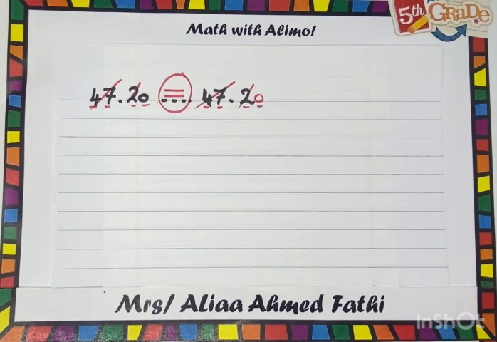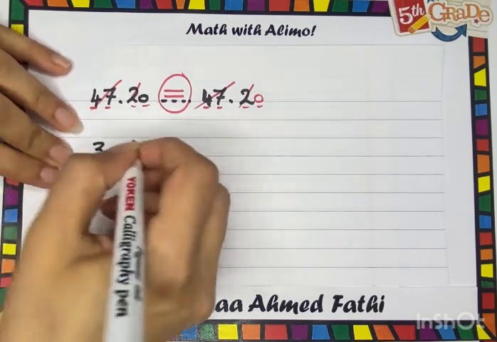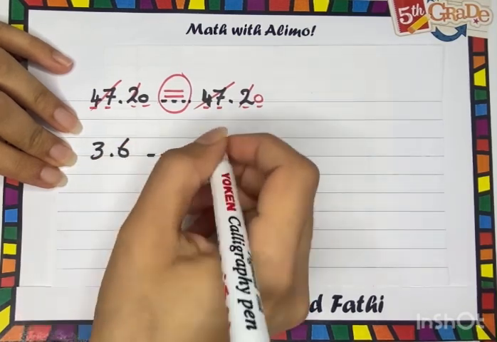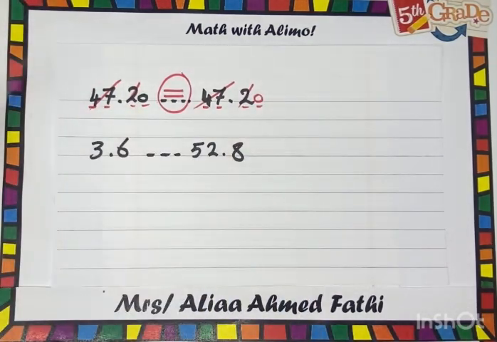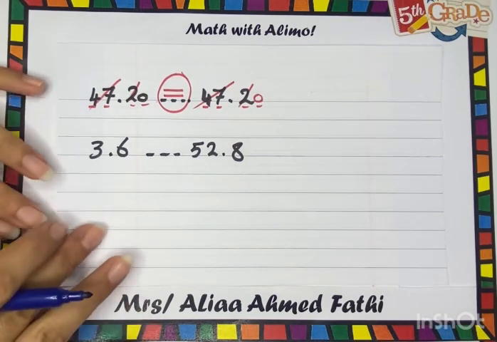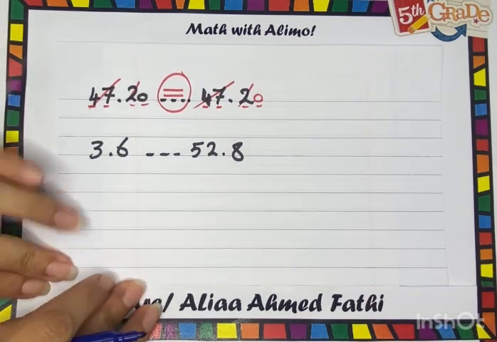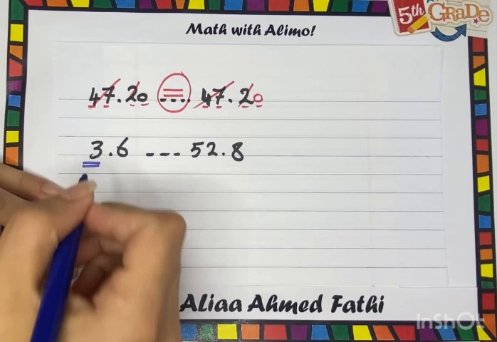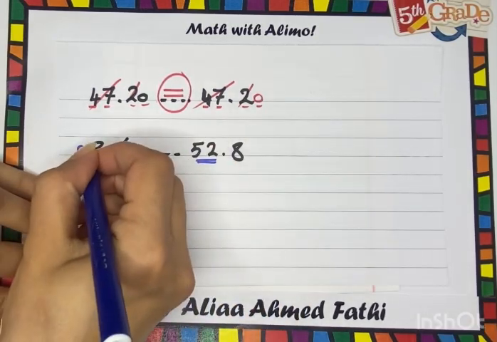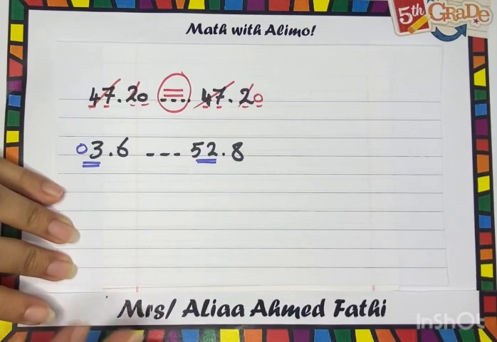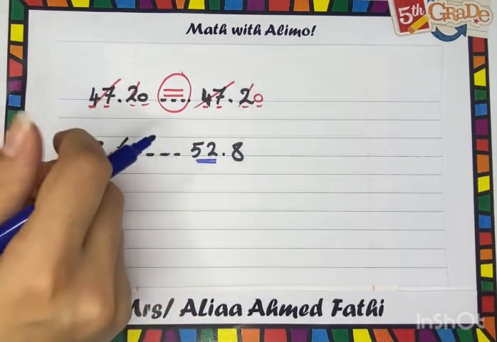Another one. If I have 3.6 or 52.8, this one is a very easy one. Okay, let's balance or compare the whole part. In the whole part, here we have 3 and there we have 52. To make balance, we're gonna put 0 in this direction, because the 0 here is nothing.